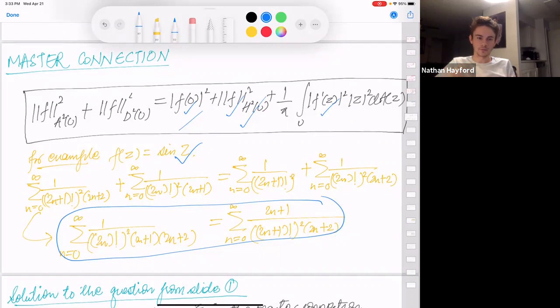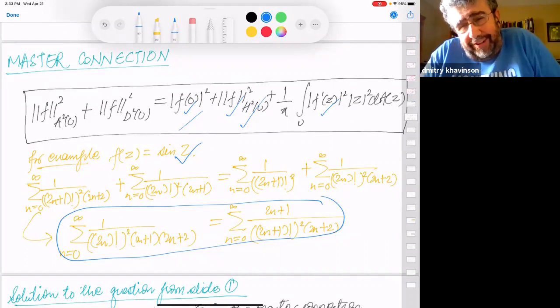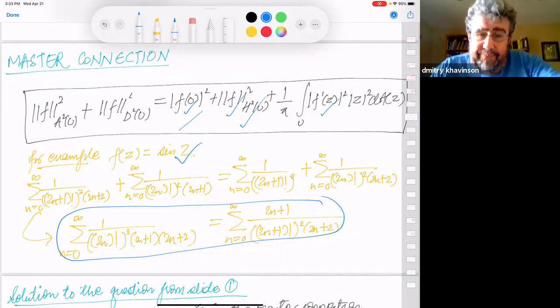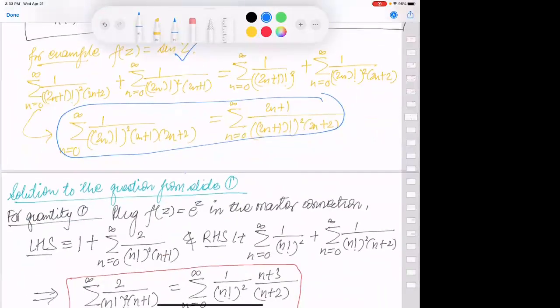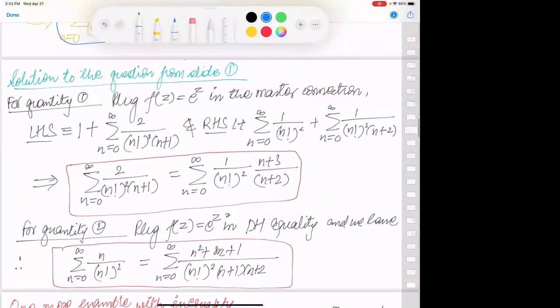Yeah, and certainly you can get a lot of equalities from power series theory. So now let me talk about the solution for the question that I asked in slide 1. The solution is that both sides, quantity 1 and quantity 2, are equal to each other.